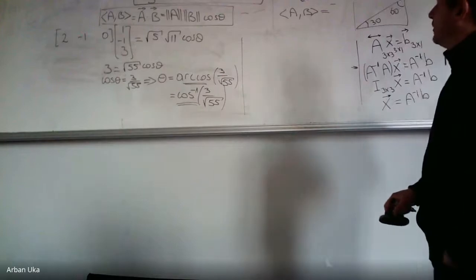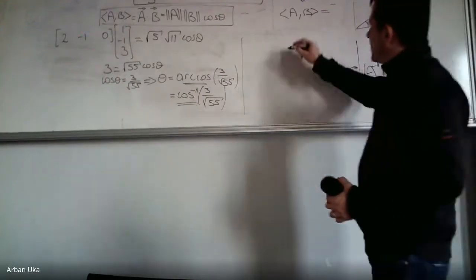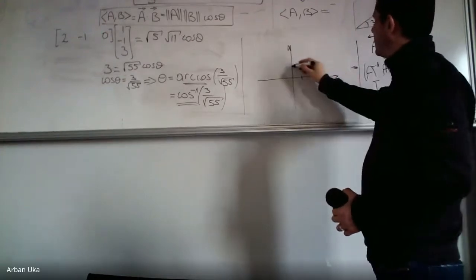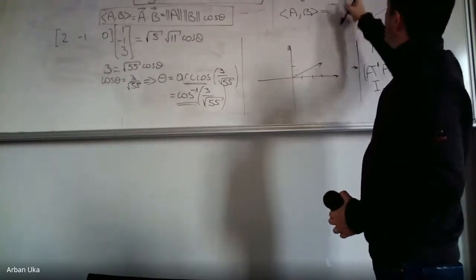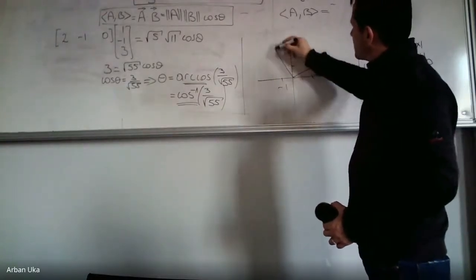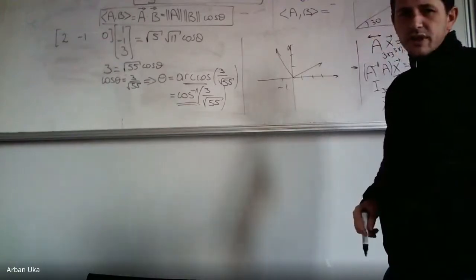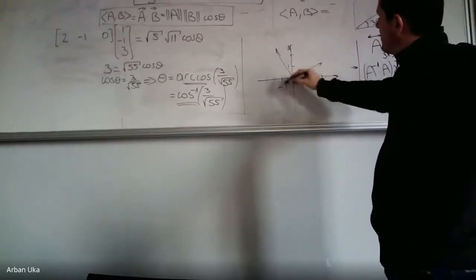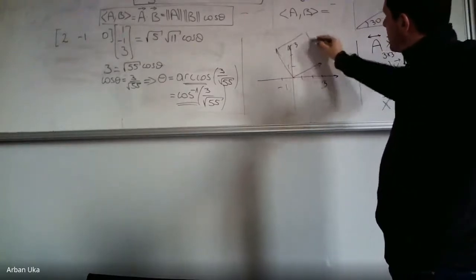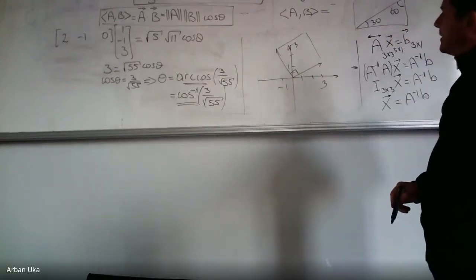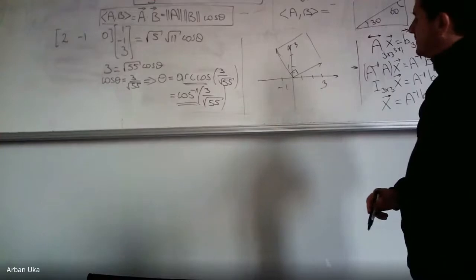That's good. So now we're asking here about A and B, the inner product of A and B. A is (3, 1), B is (-1, 3). Just like the geometric representation of where the vectors are, this is (3, 1), and this is (-1, 3). Actually, you can draw squares here, so this means that this angle is 90. If this angle is 90, what is the cosine of 90? 0.